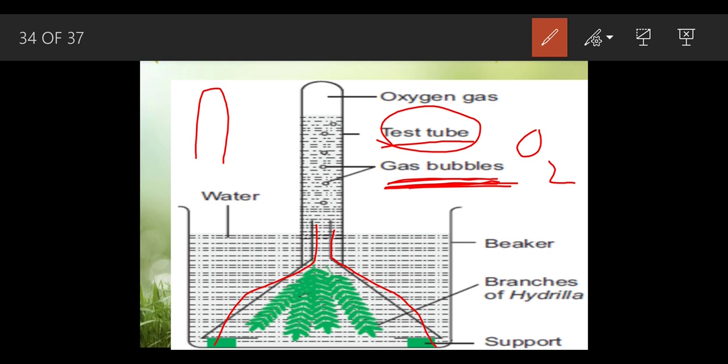Now if there is really the presence of oxygen inside this test tube, what should we do? We should bring a glowing splinter to this test tube. So we could see that it bursts into flame. Why?